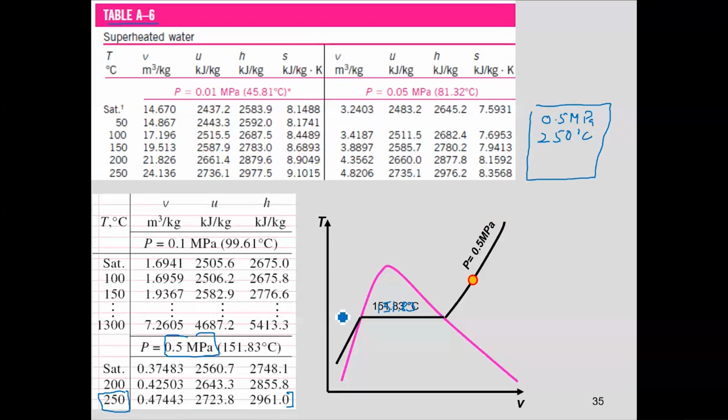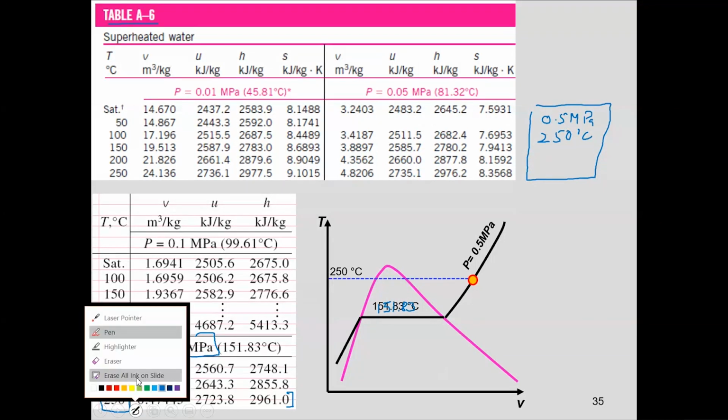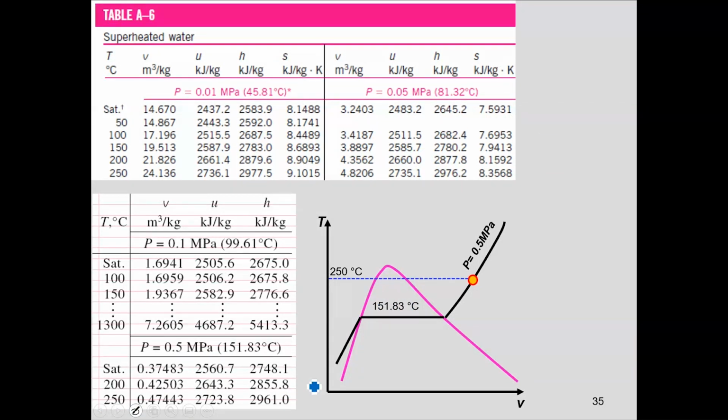I'm over here, this is 250 degrees centigrade. Now if I want to find the specific volume of the system, what would it be? 0.47443. Very good. This is represented by V1.